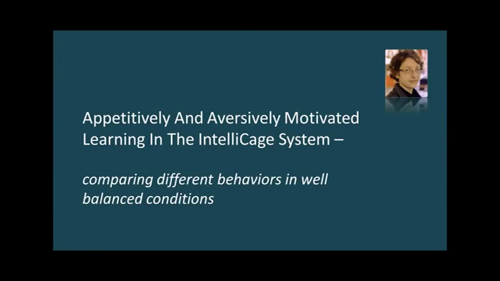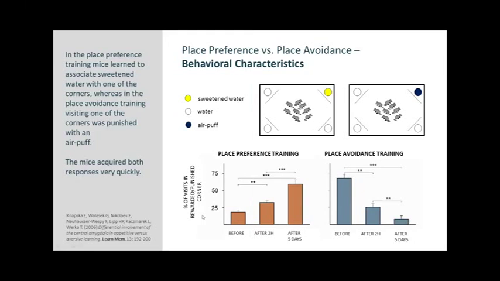Let's start with the first example of the IntelliCage usage I would like to show you today. I would like to show you how we compared appetitively and aversively motivated behaviors in the IntelliCages. Several years ago, we started with studying place preference and place avoidance learning in C57 mice.